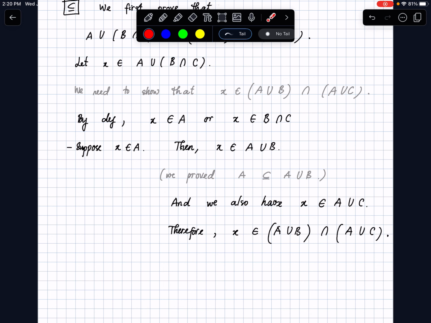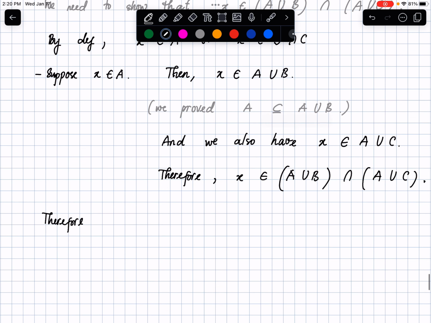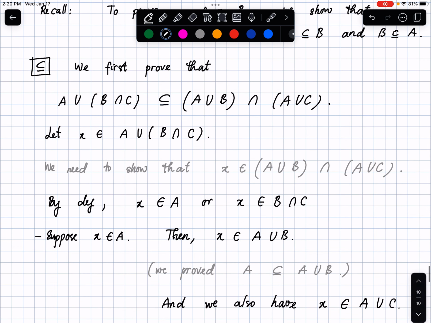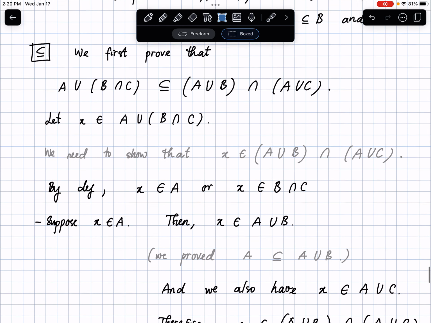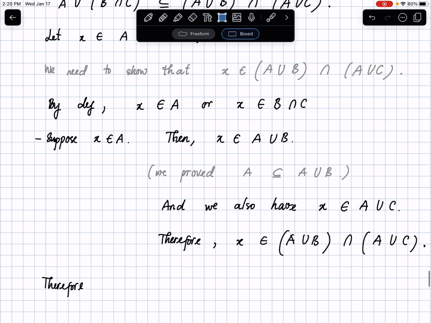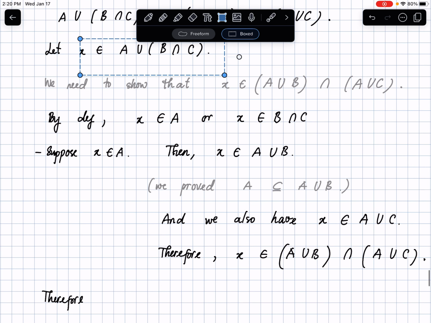It's the same. So we did prove this part. x is an element of A union B intersect with A union C. So therefore we prove the first part. Therefore, for this case, this one is a subset of this one.